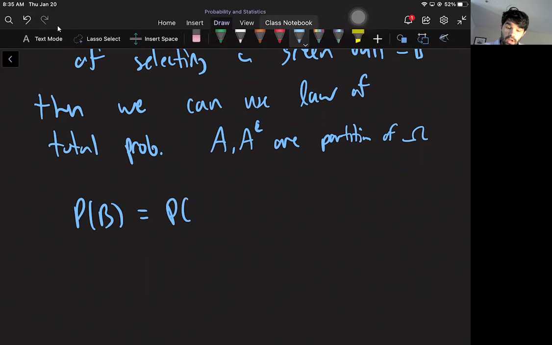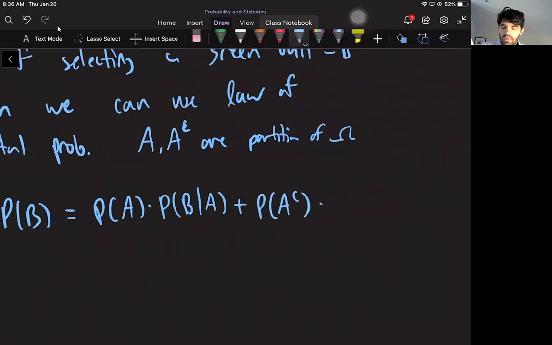The probability of an event, if you have a partition, is the probability of each part in the partition times each conditional. But here I only have 2 events in the partition, whereas in the general formula you could have n.